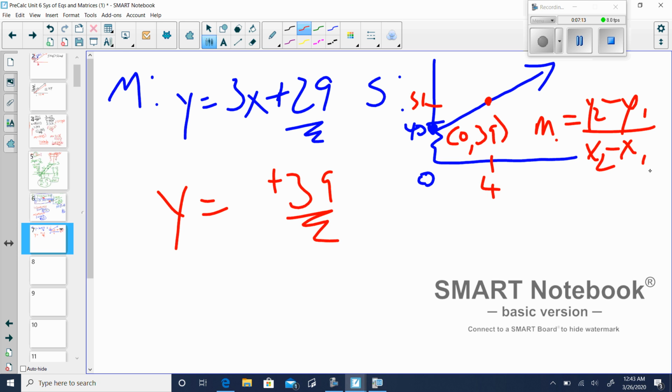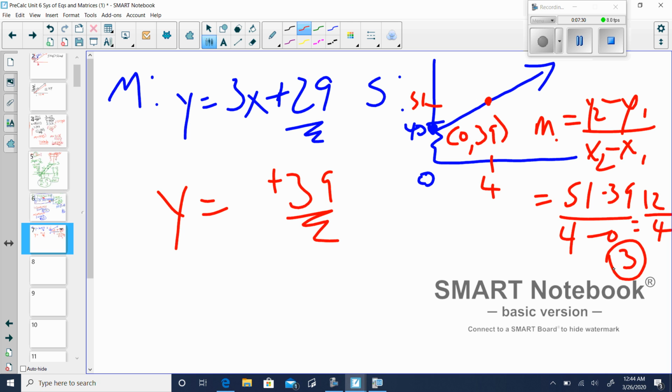Rate of change, guys, delta y over delta x. So change in y over change in x. So we have 51 minus 39 over 4 minus 0. That's 12 over 4. Ooh, or 3.